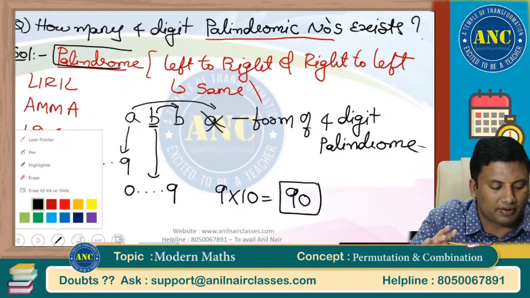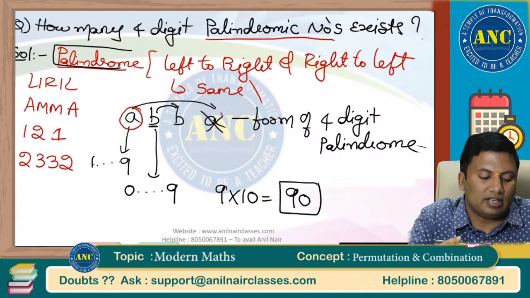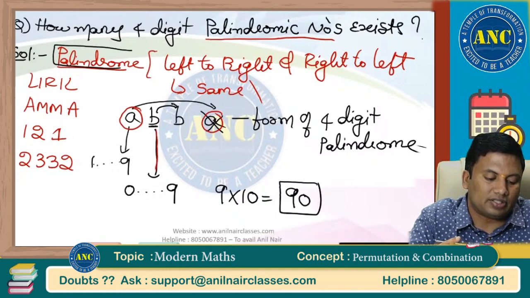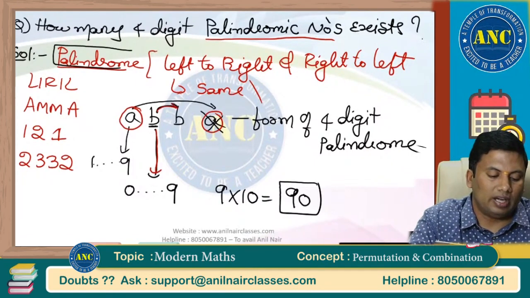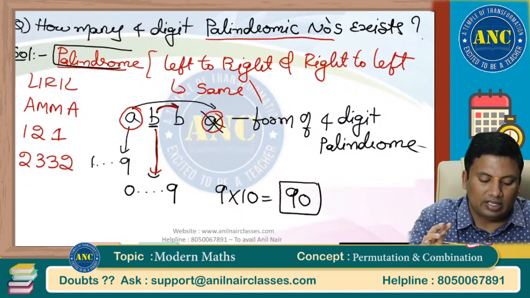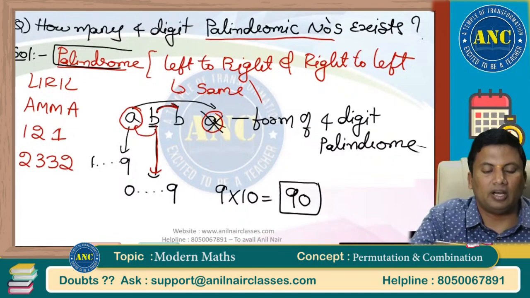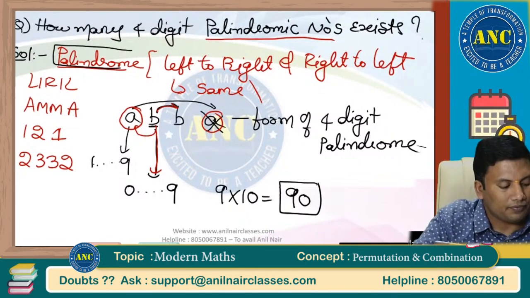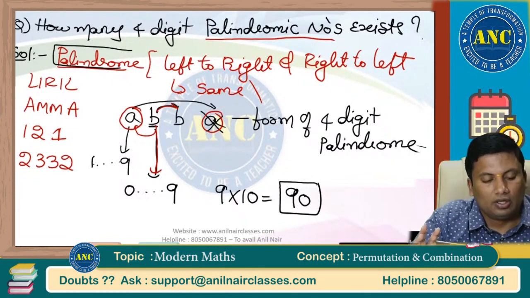A will take from 1 to 9, and once I give this A, automatically it is fixed. B will take from 0 to 9. This is also fixed. So 9 into 10 is 90. Why did multiplication come? One event is happening after another event.